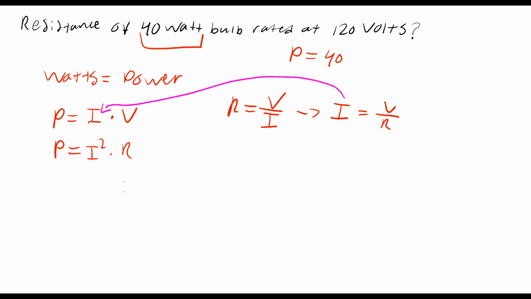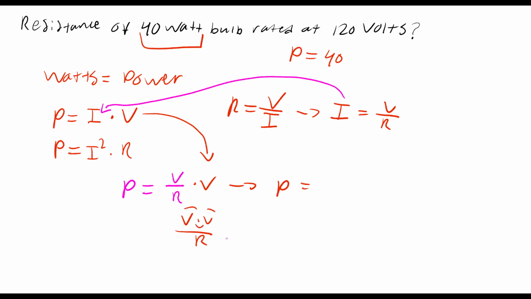So P is equal to, we're going to say I is V over R, and we're going to multiply it by V. Therefore, we have that P is equal to V times V over R, so we're just going to have V squared over R. Now we have to solve for the resistance.